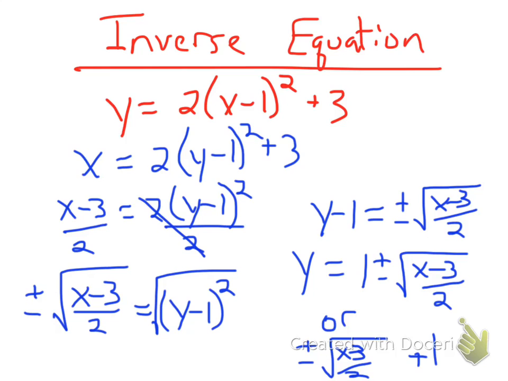Now, when we're doing this second version, we need to make sure that we are keeping the positive 1 outside of the square root symbol. We do not want it underneath the square root symbol.